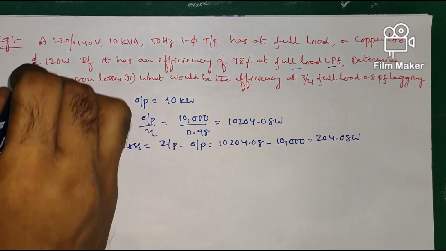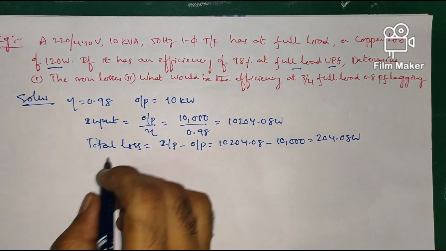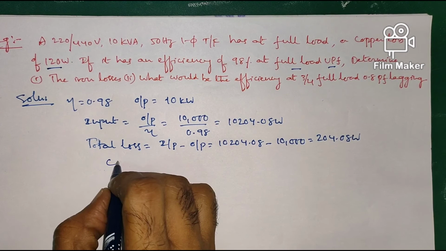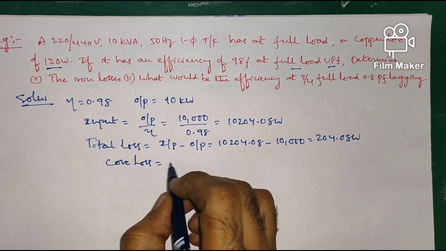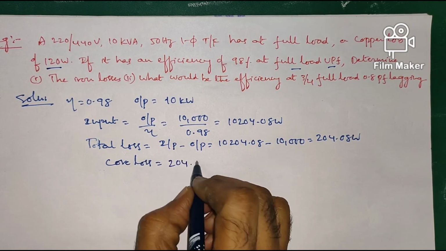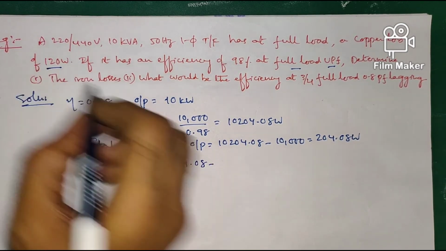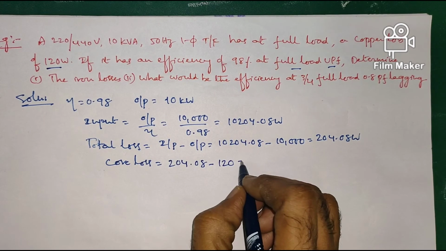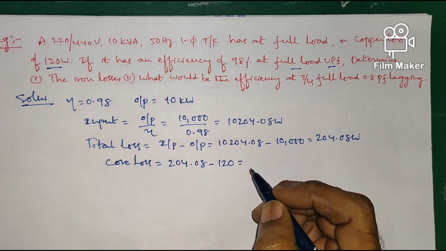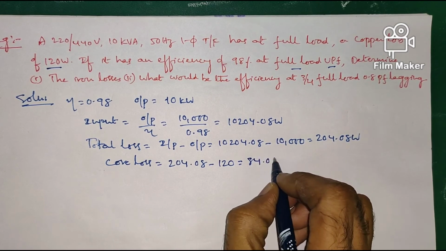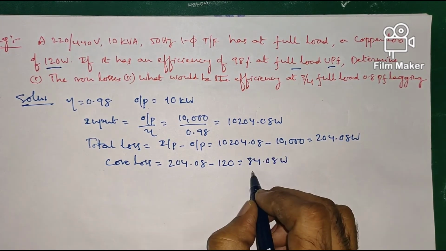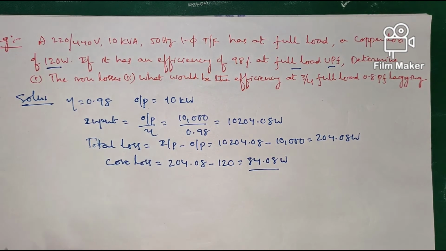We are given the copper loss at that load as 120 watts. Hence, the core loss now is equal to total loss 204.08 minus copper loss, that is 120, which will give us a value of 84.08 watts. This is the answer for the first part of the problem.